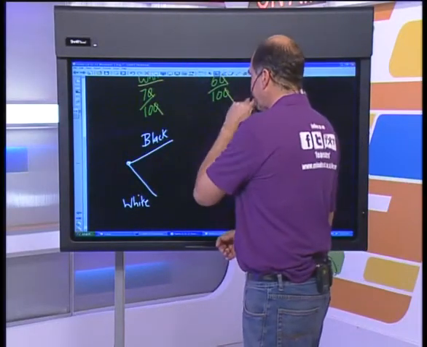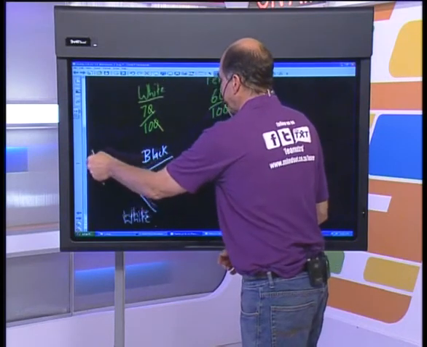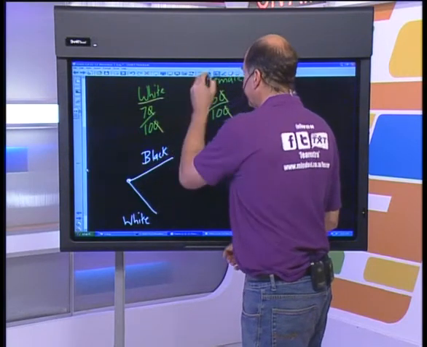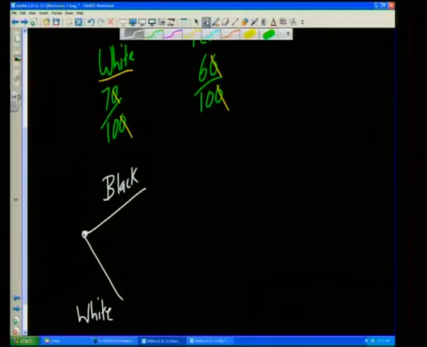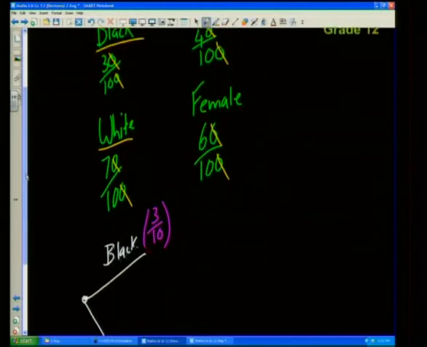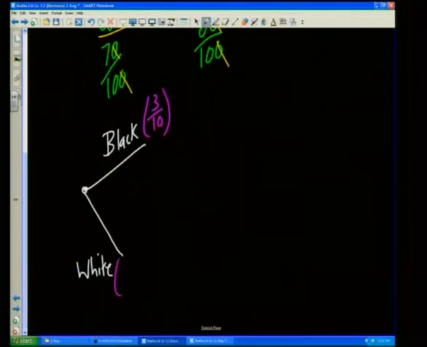Now, what we need to remember is of the sheep that are black, the chances are only 3 out of 10. That's the number that we've got. And for white, it's 7 out of 10.